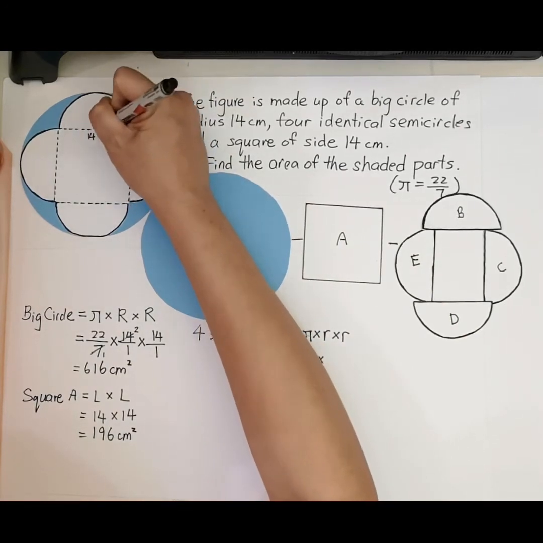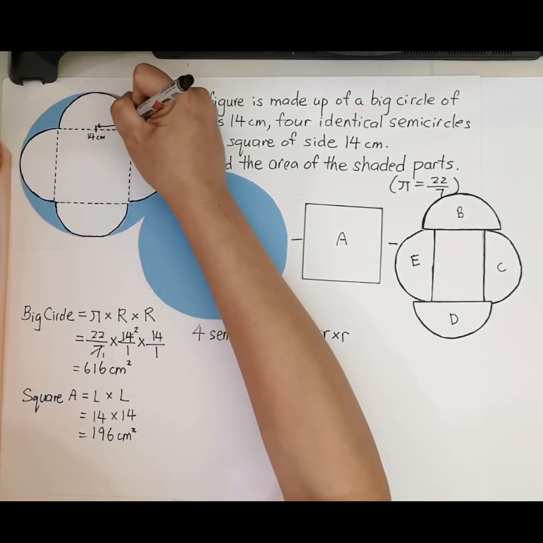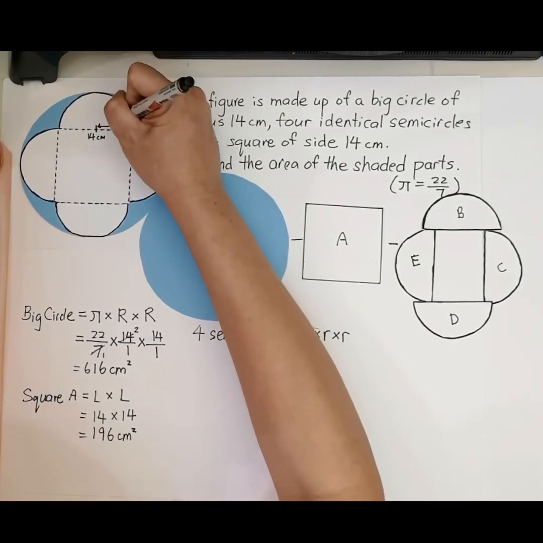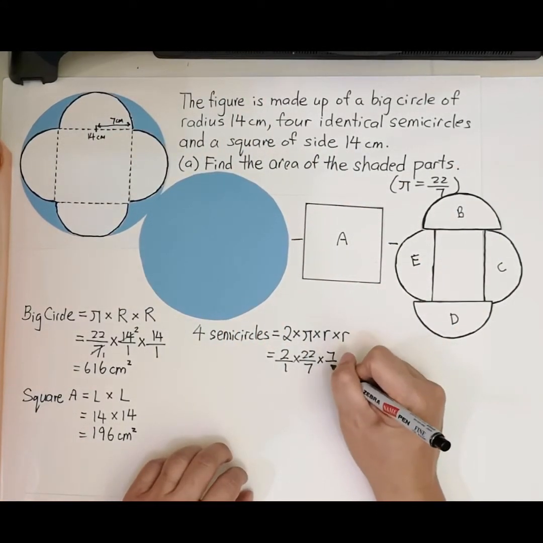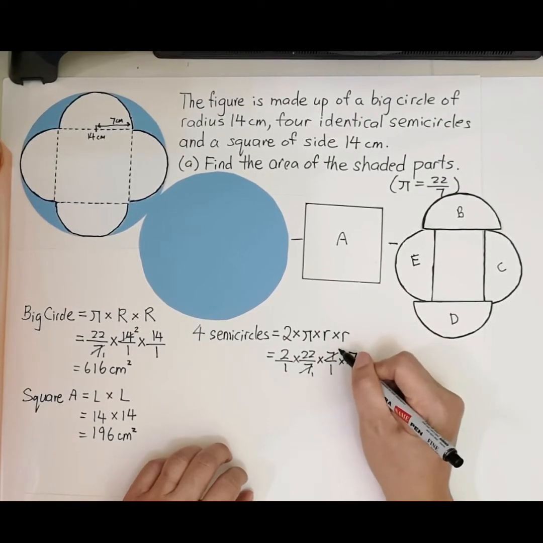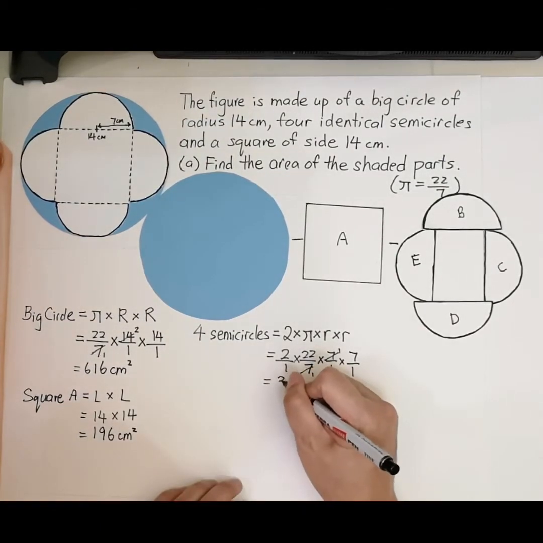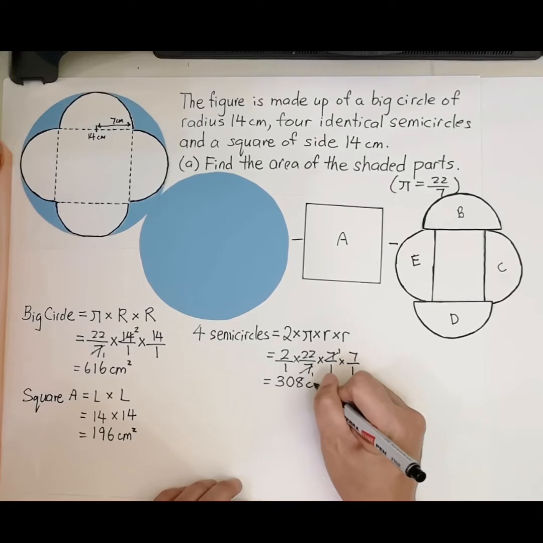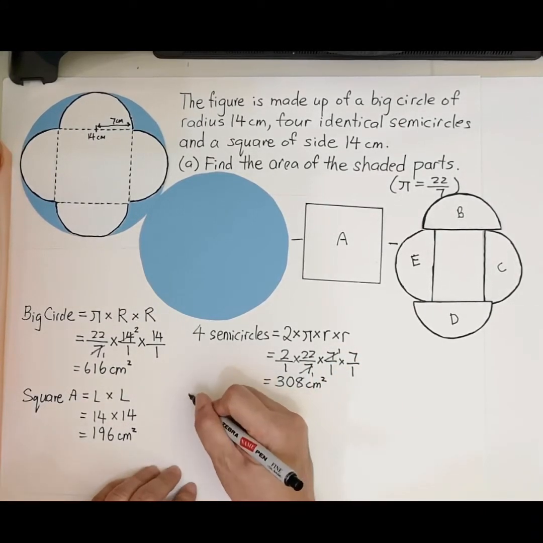So if the square has a side of 14 centimeters, that means the radius of the small semicircle is 7 centimeters. So it will be multiplied by 7, multiplied by 7. Okay, and we will have 44 multiplied by 7. That will give us 308 square centimeters.